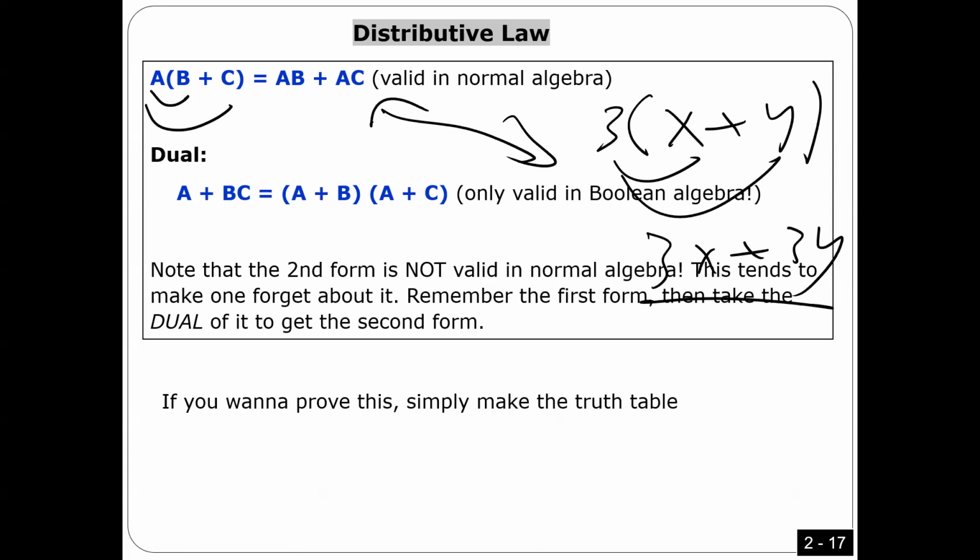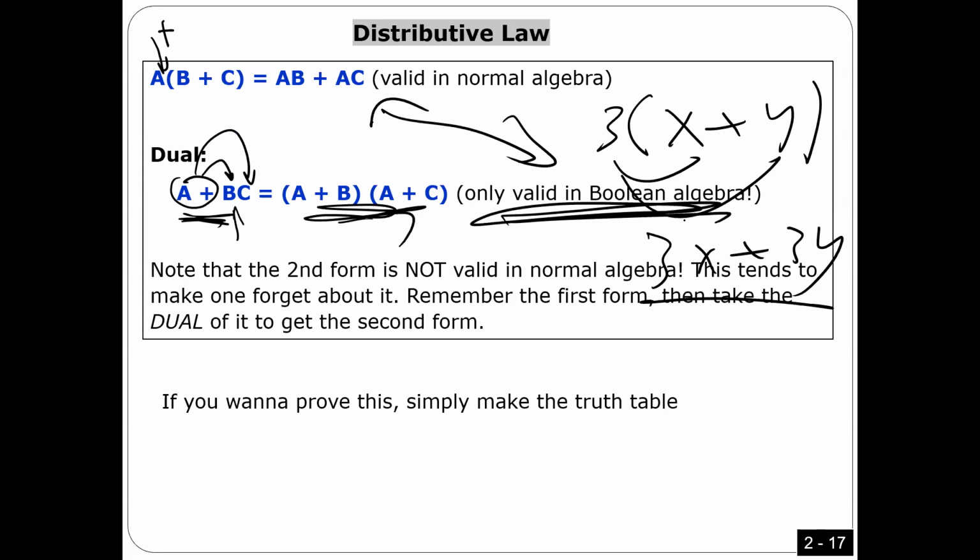The interesting part, the part you will always forget because it's not valid in normal algebra, but it is valid in Boolean algebra, is that if this one is OR, you can also do distribution. Look how I did it here. A or (B and C) becomes (A or B) and (A or C), and the relation is AND. This is valid only in Boolean algebra.